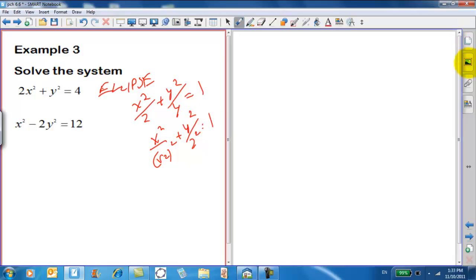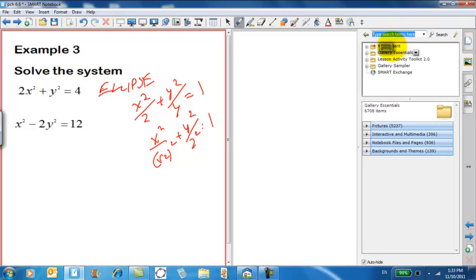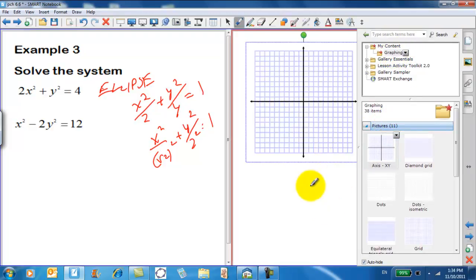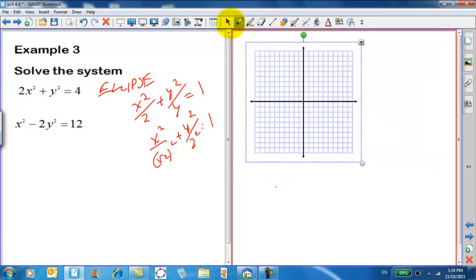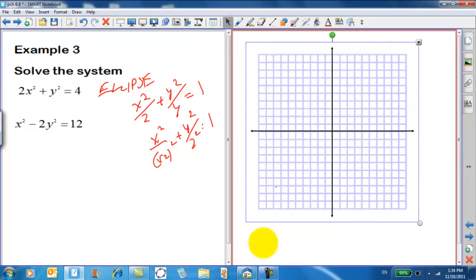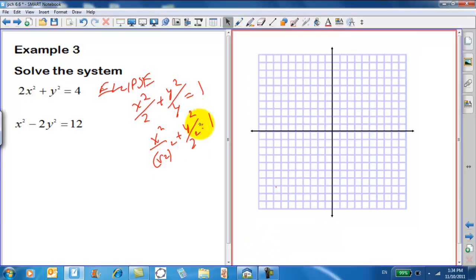And now we can put up a picture of this. Just get a rough idea of the sketch here. And make the graph a little bigger. Okay. That's what we have here with our ellipse. x equals the square root of 2, so we go the square root of 2 in each direction.